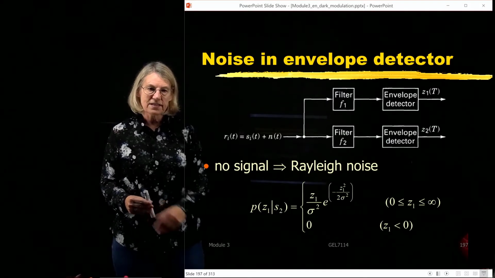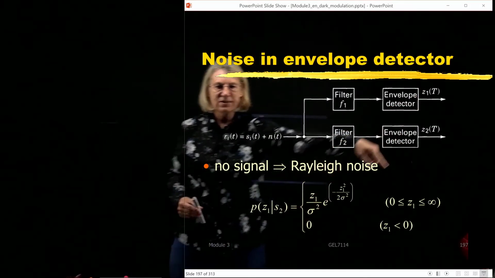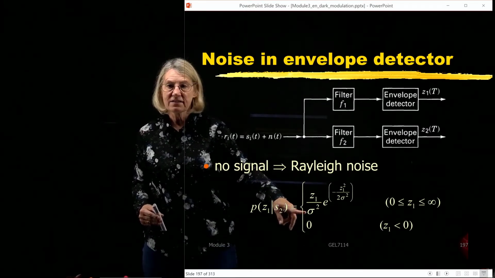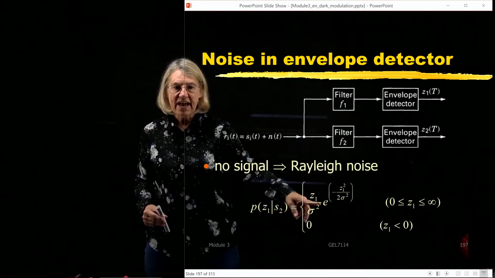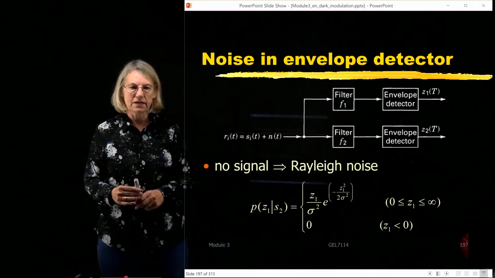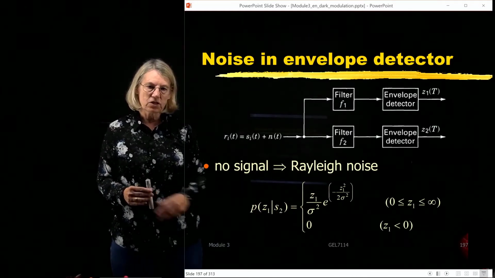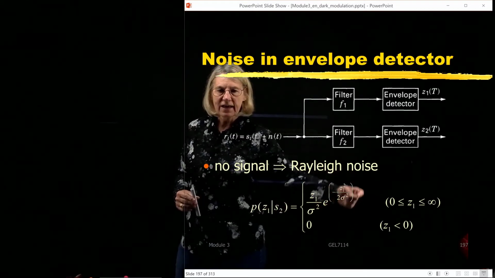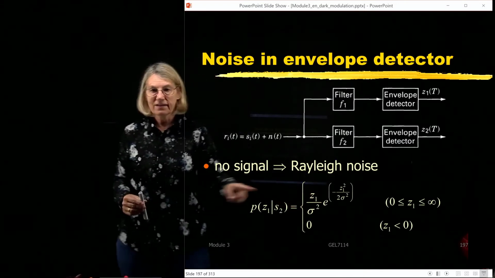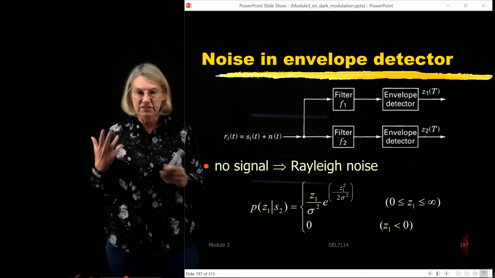So in this case, the output statistic, Z1, will be Z1 divided by some variance, sigma squared, and then the exponential of the negative of Z1 squared divided by 2 times the variance. So you can see it looks like Gaussian here, except the Gaussian would not have the Z1 multiplying it. So that's the difference. That's the Rayleigh.